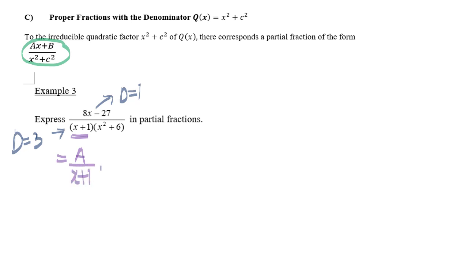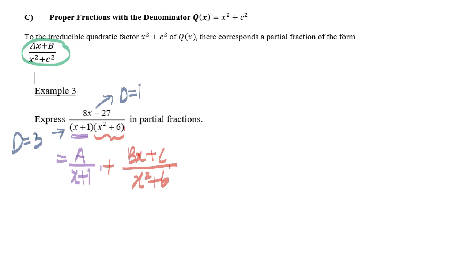And then for the irreducible quadratic factor, after you've already used the letter a, the next letters you have to use will be bx plus c. It will be a linear numerator, because your denominator is a quadratic.